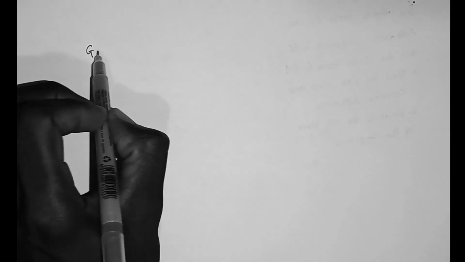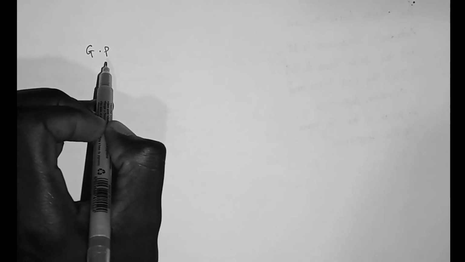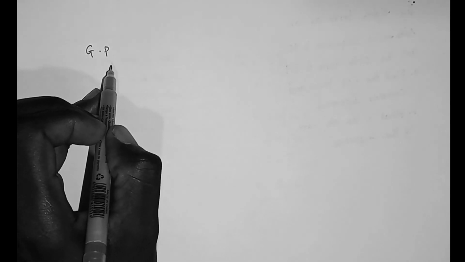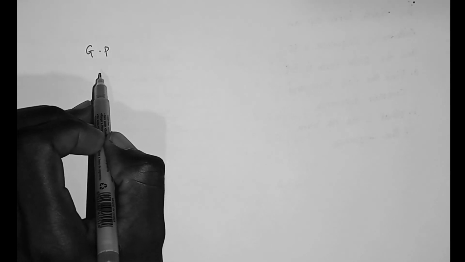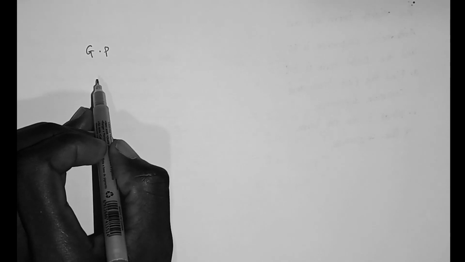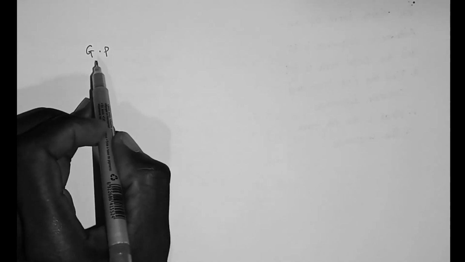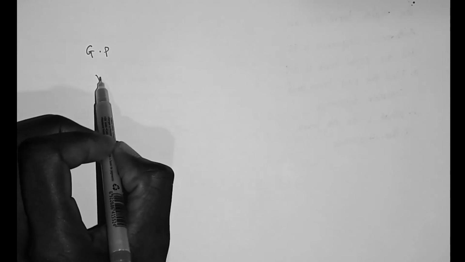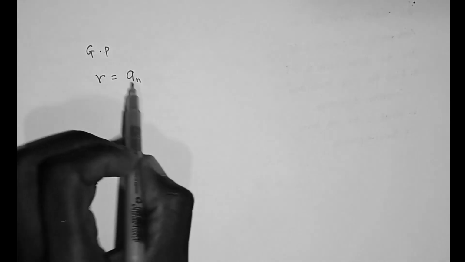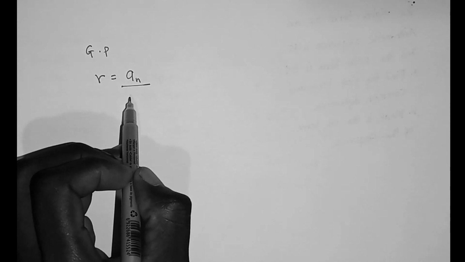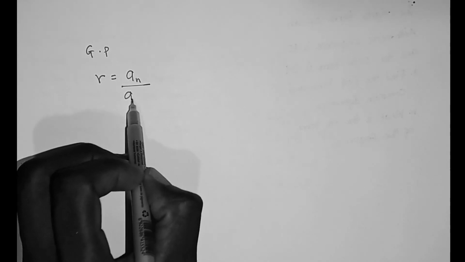So let's talk about the geometric sequence, GP. In a geometric sequence, remember we said that the most important thing is the common ratio. You find the common ratio R. It is equal to the last term, which is AN, divided by the last but one term, which is AN minus 1.